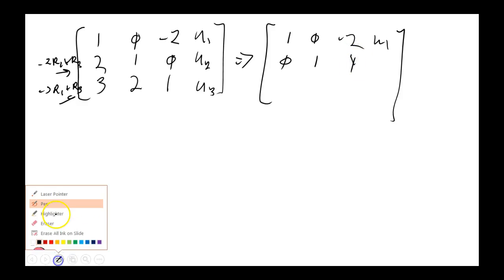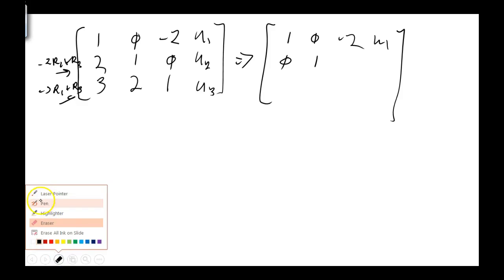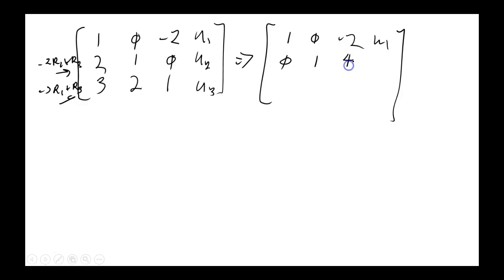The pen is just slow, and then it decides to write wherever it wants to. Okay, 4. And then this will be a negative 2 U1 plus U2. Okay. I was worried.